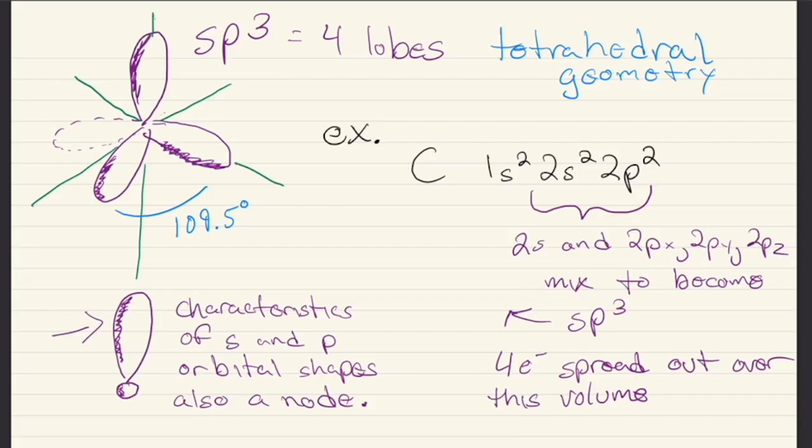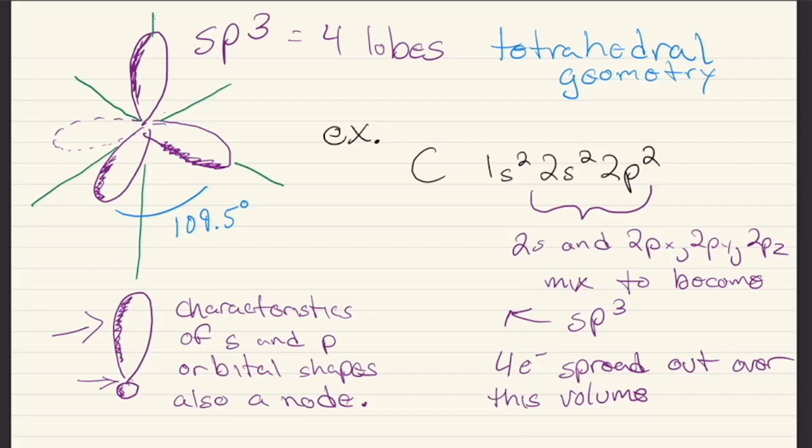Why do we have 4? Well, we merged 3 p's and 1 s, but I'm showing you the picture of one. Notice that there's a small bulb on the bottom. It almost looks like a cartoon exclamation point, right? If we put all of those with the node being here at the origin, we would actually get this same flower-like tetrahedral shape that we're familiar with in our three-dimensional Lewis structures, but these are describing the areas where we are likely to find any of the electrons associated with that atom's electron structure.